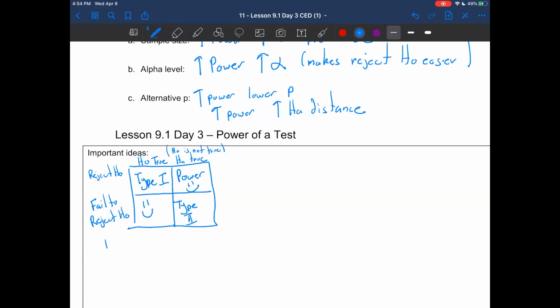Okay, we learned in the previous lesson that the probability of a type 1 error is equal to alpha.